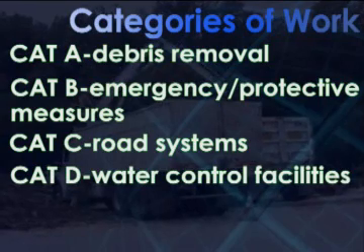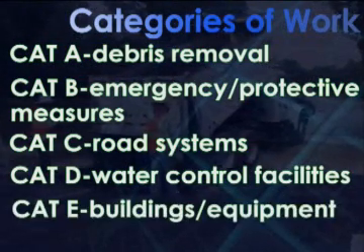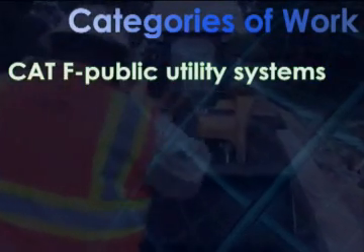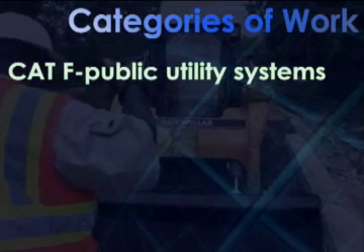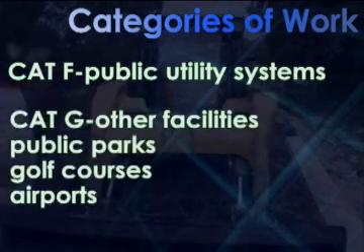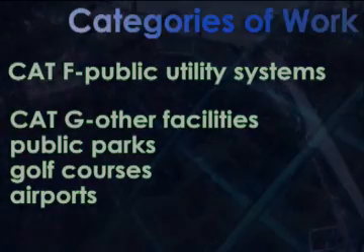Category D, water control facilities such as levees and dams. Category E, buildings and equipment. Category F, public utility systems such as water and sewer plants or electrical stations and lines. Category G, other facilities such as parks, golf courses, and airports.